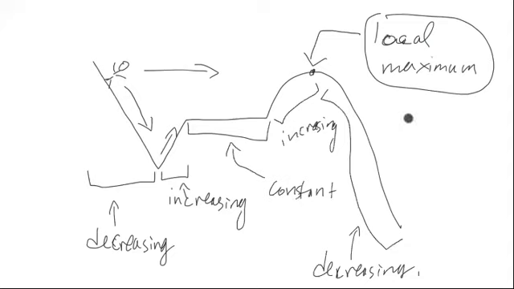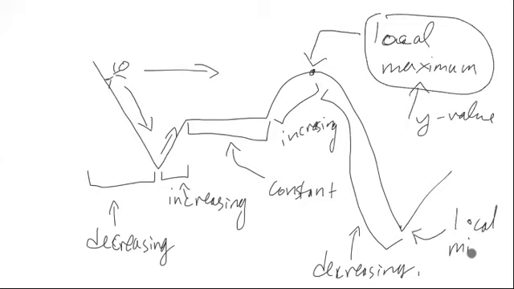So this maximum refers to y value, maximum y value nearby. Similarly, if I would extend the graph and have something that goes like this, that would be a local minimum. We call it local because it just says nearby, it's the lowest point, at least in y values. So those are for y values.